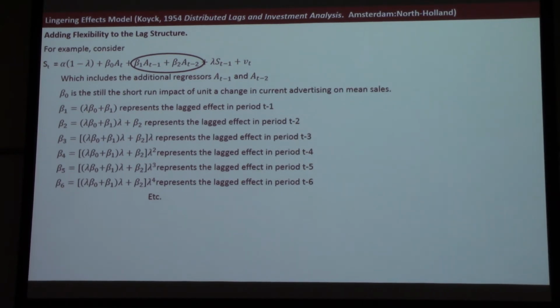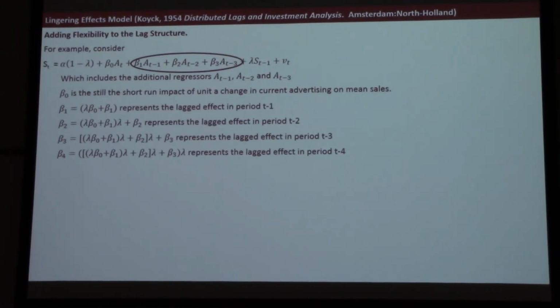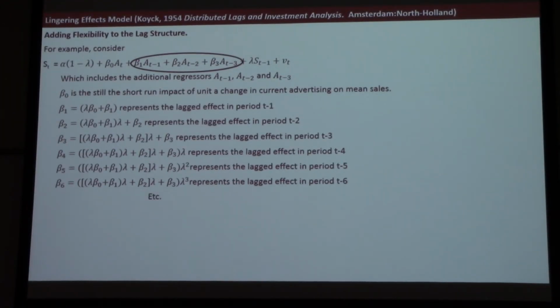So more of the same. All right. If we add 3, then we're going to get the same thing. And our lag structure will look something like that. So what this allows us to do is construct a different picture of the effect of advertising.